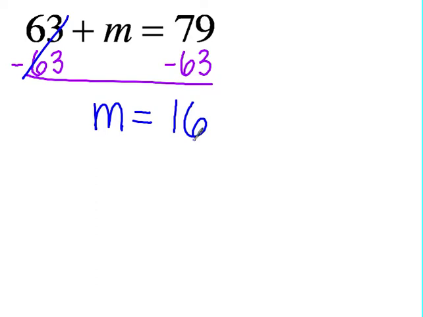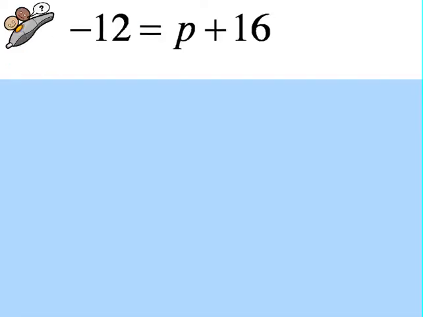So with that in mind, what I want you to do is go ahead and do that one right there. Negative 12 equals p plus 16.